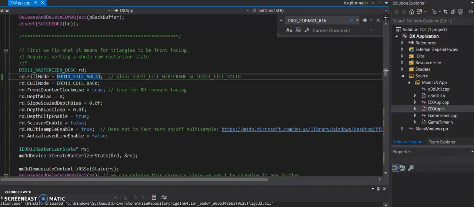UNorm and UInt and SInt all basically stand for the formatting of that specific component. UNorm is unsigned normalized integer format, UInt is unsigned integer format, and SInt is signed integer format.